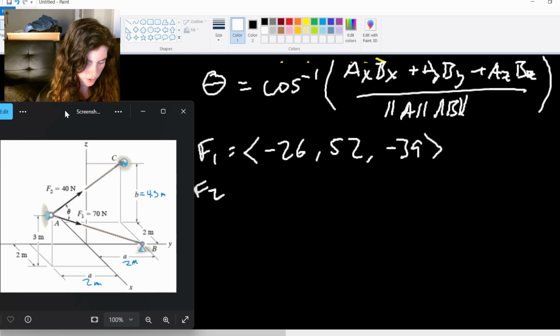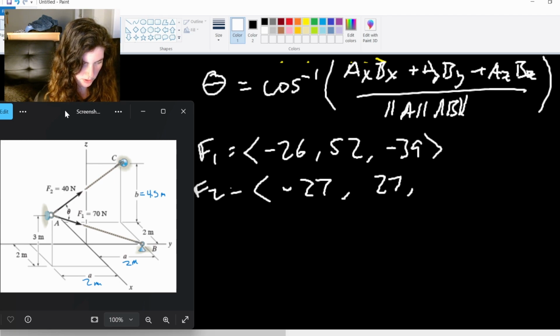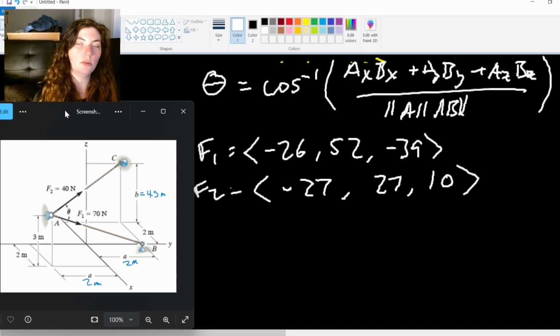I'm going to round these to 2 significant figures for the purposes of this discussion. It simplifies things a little bit, but you would normally include 1 or 2 decimal points here.